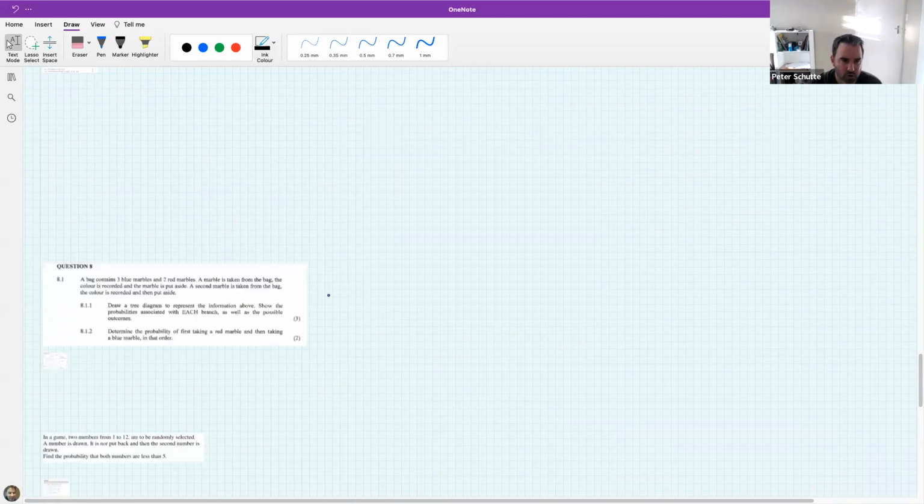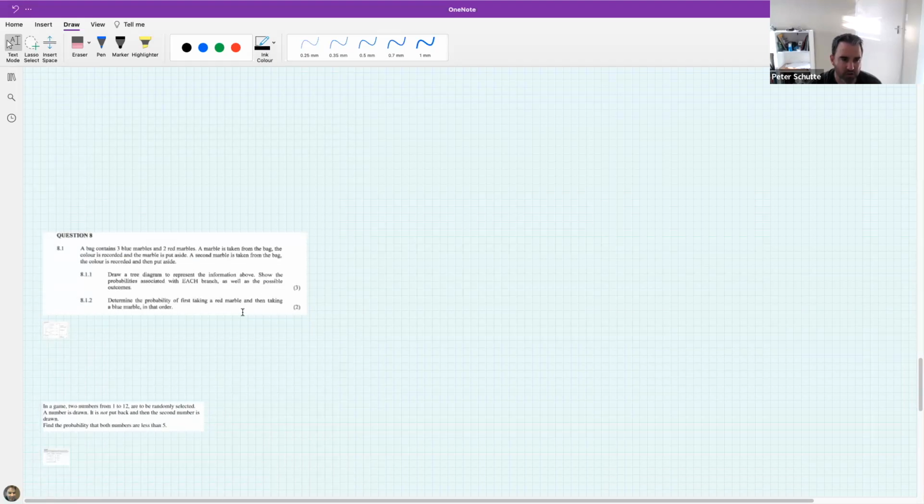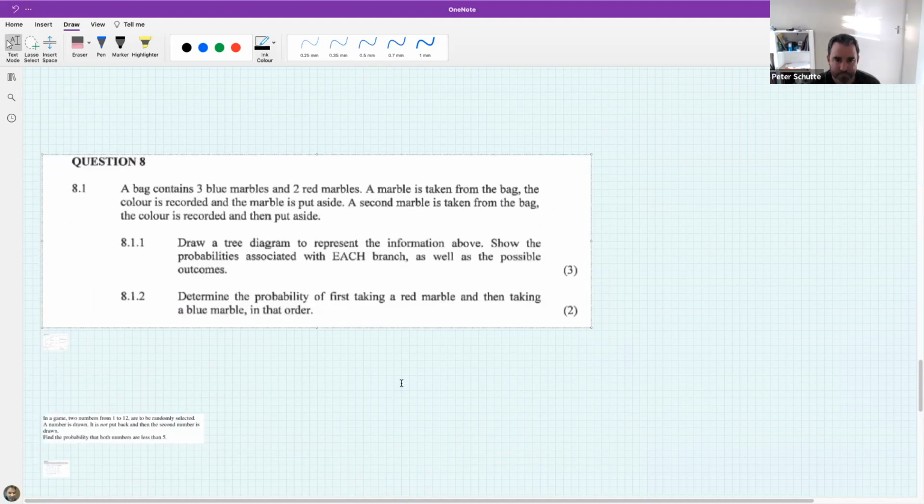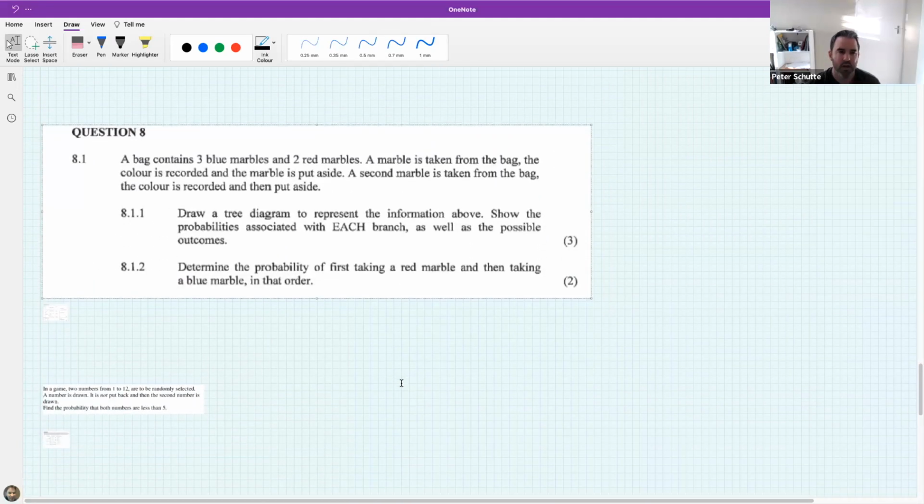So let's go to an old exam question. Here is your old exam question. A bag contains 3 blue marbles and 2 red marbles. A marble is taken from the bag, the color is recorded, and the marble is put aside. So it's not put back.